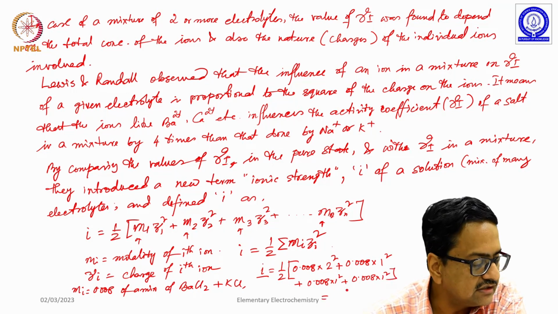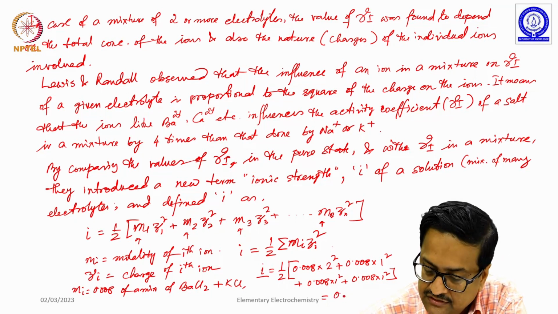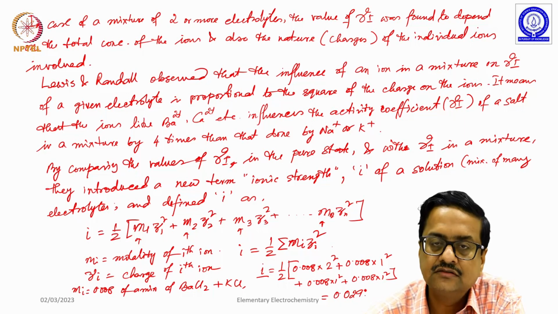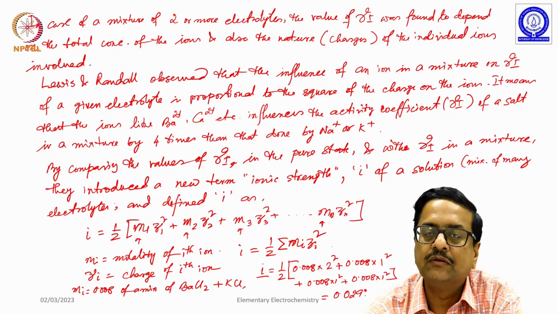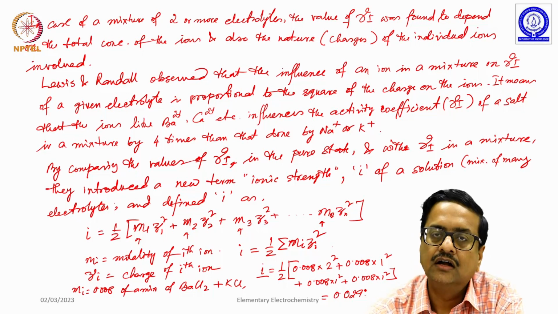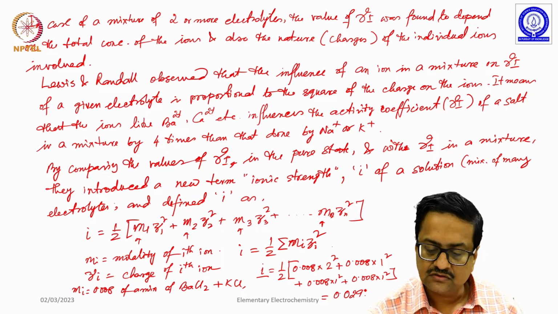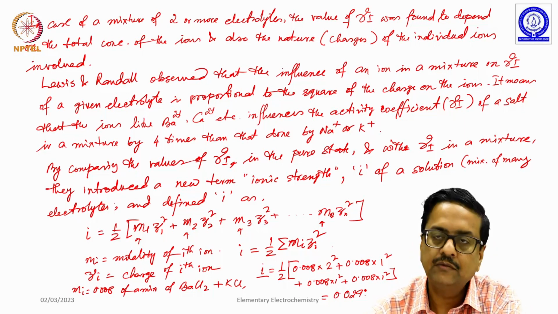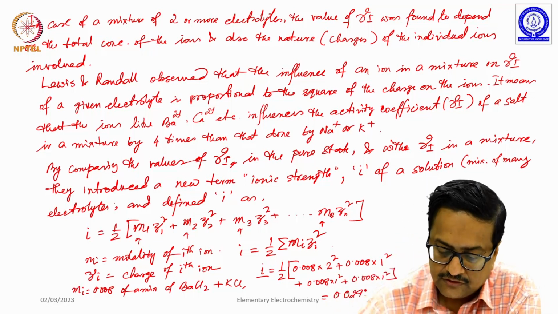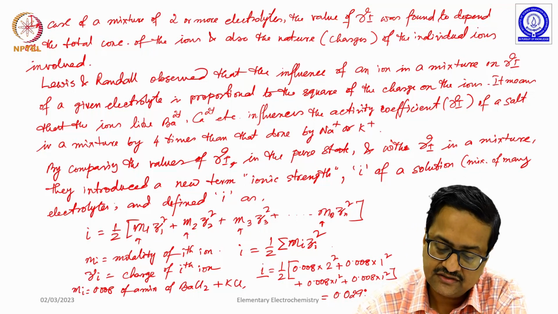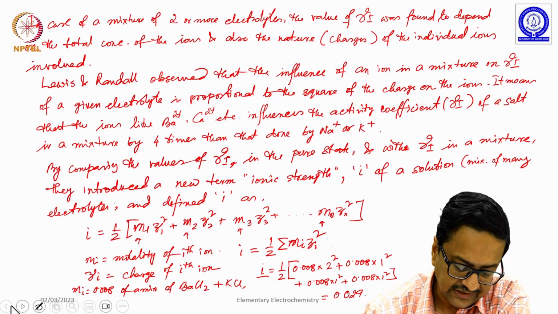When you do this calculation, the value of I turns out to be 0.029. So, this is the ionic strength of this solution, which is a mixture of two different strong electrolytes. This is an important parameter to identify the strength of a solution of two or more electrolytes.